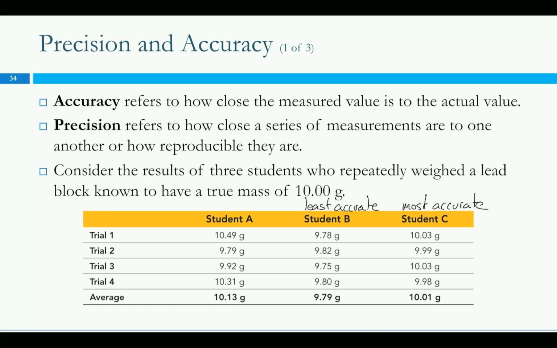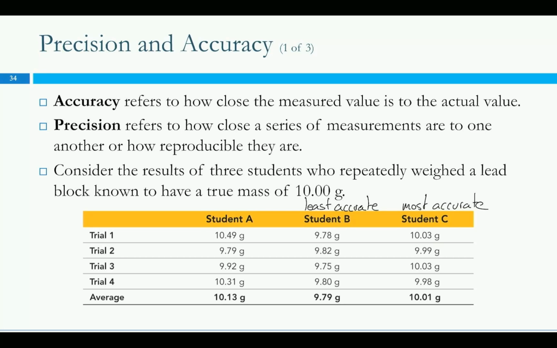Do you think student B or student A is less precise? I said student B and C are the same. B and C are the same precision? No, the most is 0.05 off. Yeah, so similar precision. It's hard to tell from just looking at numbers, right?